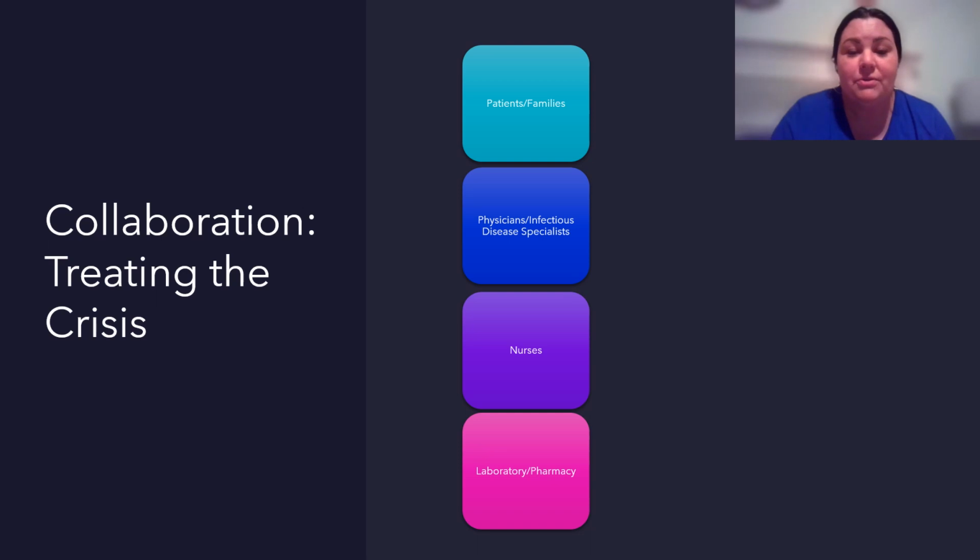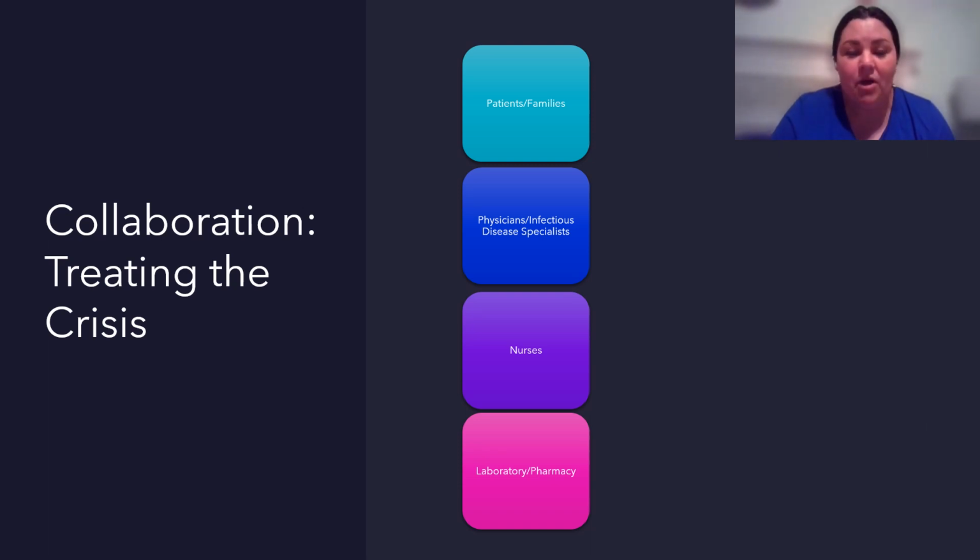So first, patient and families. Patients and families are at the backbone and the center of everything that we do. So when we come up with treatment plans, we certainly need to run these by the patients, and they may want to run them by the families.